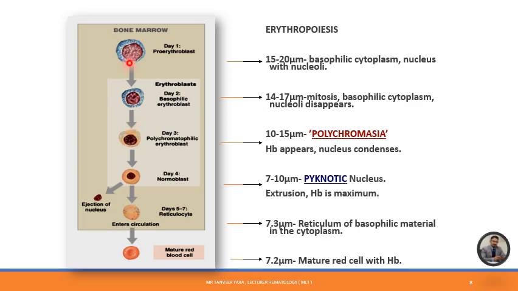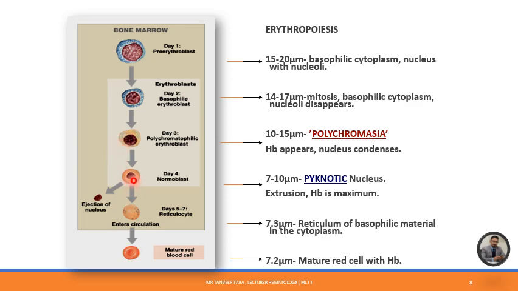Here you see that the cell size is larger, and as it goes toward maturation, its size is reduced compared to the first stage. Here you see basophilia in the cytoplasm and the nucleus. In the polychromatophilic erythroblast, the size is more reduced, and the color of the cell has also changed.